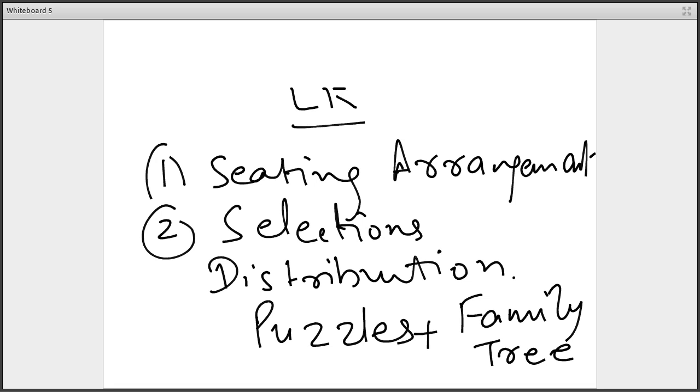Reason being, Quant is calculation intensive, DI is calculation intensive, so where can I maximize my marks without spending a lot of time? So LR is one of those sections in the exam which can be used to maximize your score and not spend a lot of time on the per question basis.